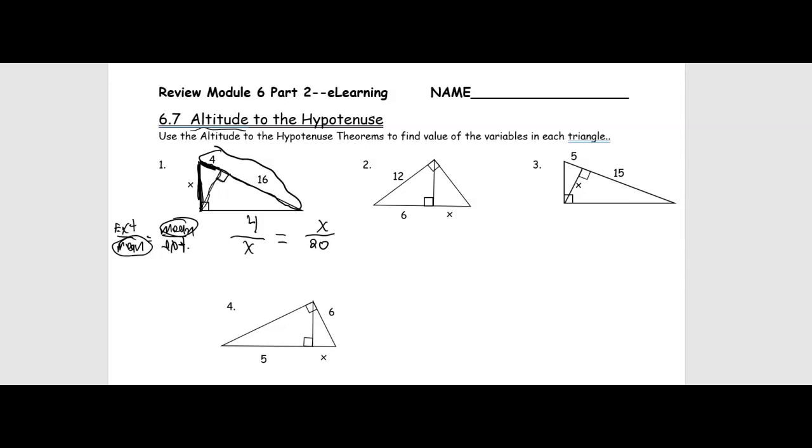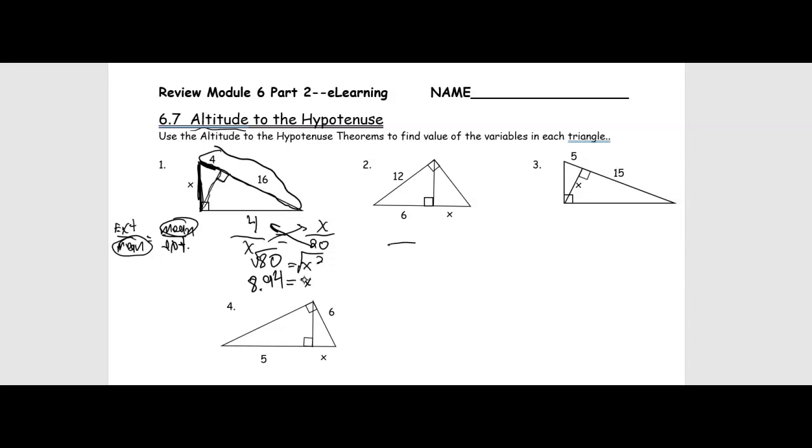We set up that proportion, and then we would just solve this. So we cross multiply to get x squared, cross multiply here to get 80. Take the square root of both sides, and x should be 8.94.